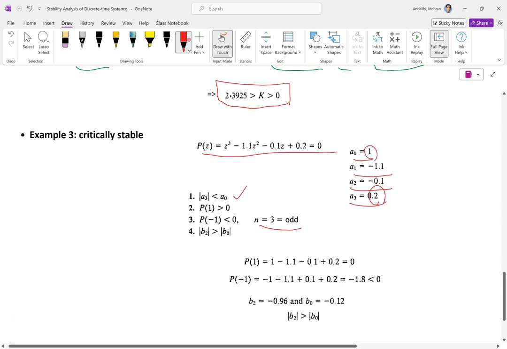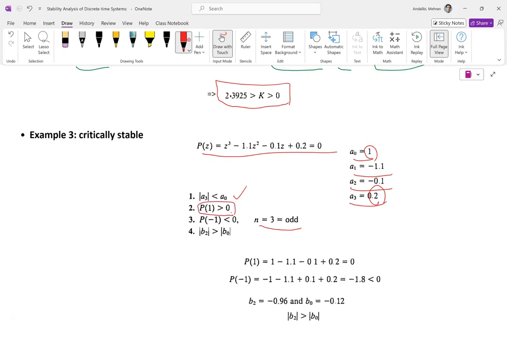P of 1 should be positive. Well, if you plug in 1, clearly you get what here? You're going to get 0. This is the tip-off. If this condition is strictly positive, that is one more step toward stability.